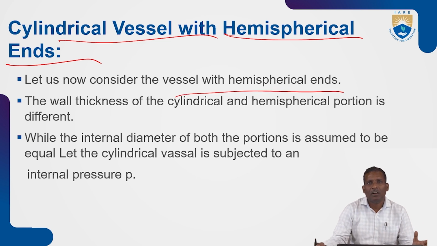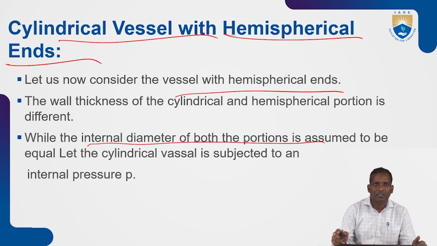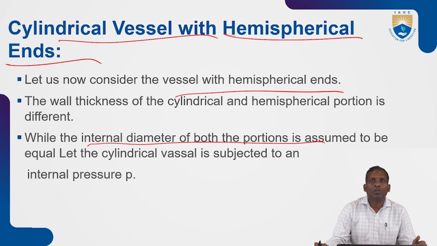The wall thickness of the cylindrical and hemispherical portions is different, not the same throughout the vessel. However, the internal diameter of both portions is assumed to be equal.